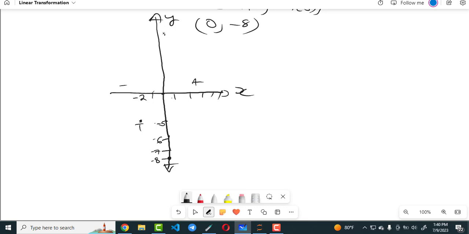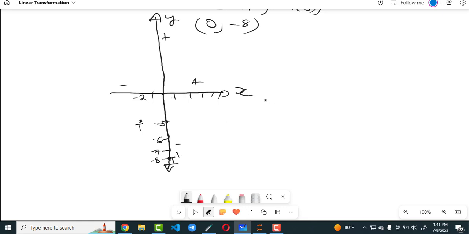This is the positive side of y, this is the negative side of y. So after moving 2 steps to the positive side of x, now we need to move 3 steps to the negative side of y. So from this point, we move 1, 2, 3. So we end up at this point, T1. So this is called translation.